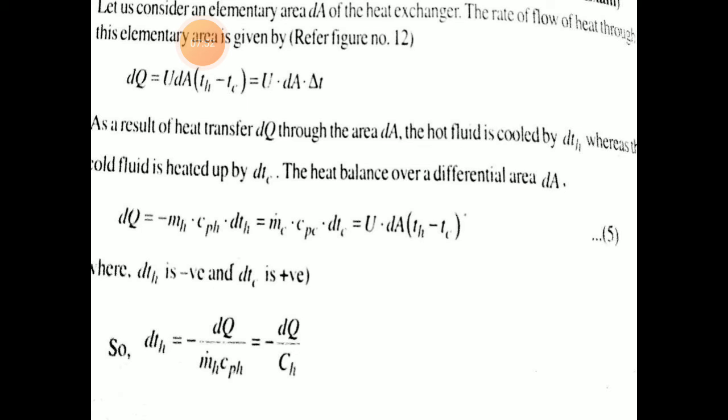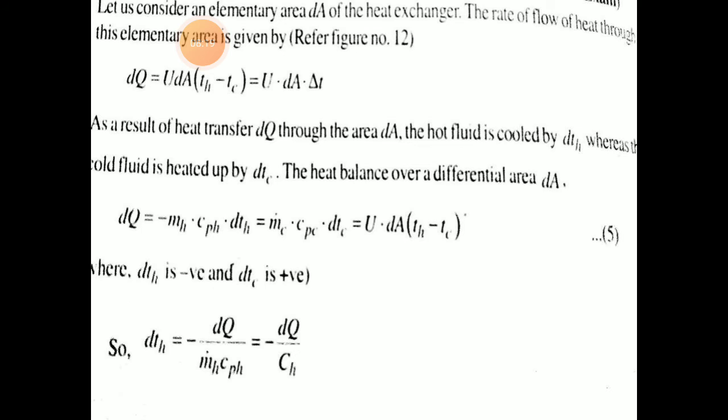Let us consider an elemental area dA of heat exchanger. dQ is the amount of heat transfer through this small elemental area. So dQ is equal to U dA (TH minus TC), that is equal to U dA delta T. As a result of heat transfer, dQ is equal to minus mCp dT for hot fluid.